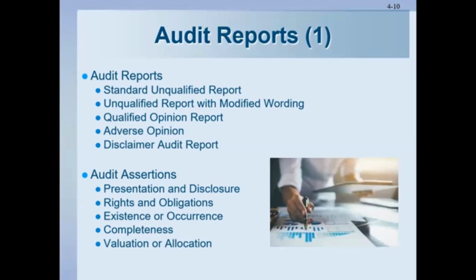A disclaimer expresses no opinion. It can be issued in any one of the following three situations. 1, the auditor is not independent. 2, the auditor could not collect an adequate amount of evidence to issue an opinion. And 3, the auditor is associated with financial statements of a publicly held company whose financial statements have not been audited or reviewed.